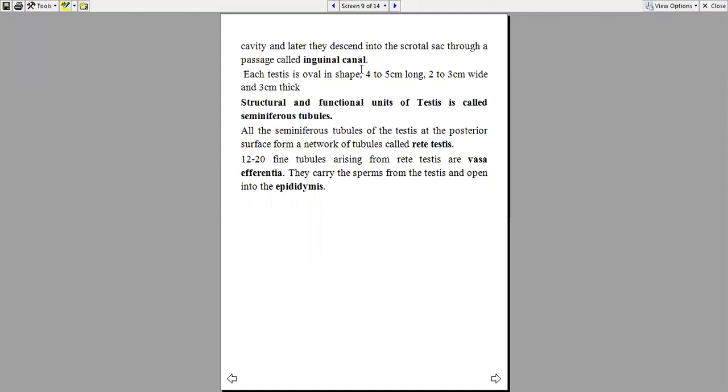But later on, they come out of the abdomen and settle themselves inside the scrotum.